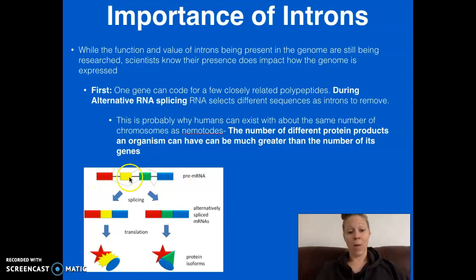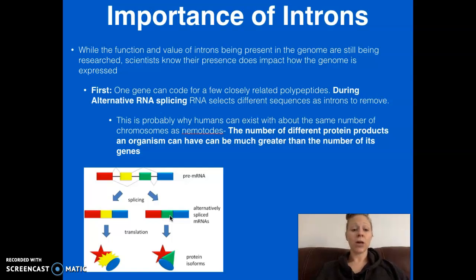This is our pre-mRNA, but it's going to be modified a little bit differently. Instead of making the green an intron, it's made the yellow an intron and removed the yellow. And so while it's the same gene, it has been expressed differently.